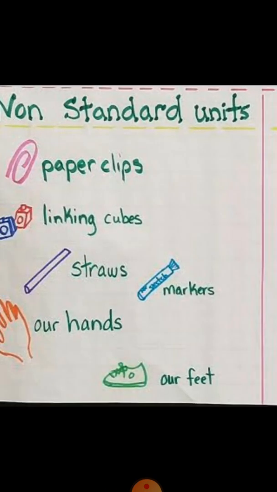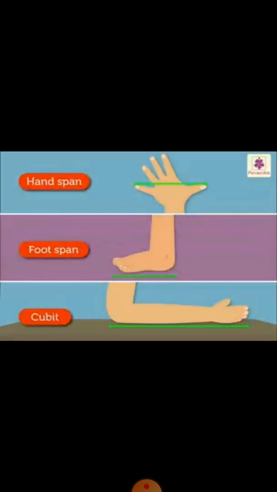So these are called non-standard units. When we use these types of units like handspan, arms, paper clips, linking cubes, straw, marker, hands, feet, to measure the length of different objects or different things, these are called non-standard units used to measure the length of different objects.